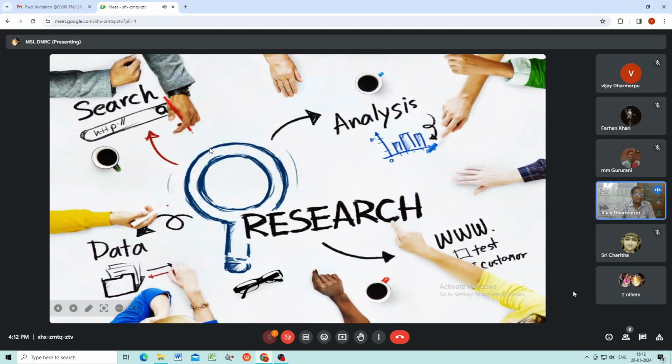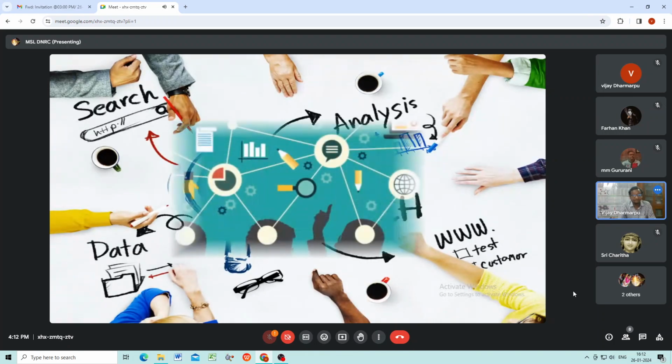So finally, research is search, analyze, keep the data, save the data, publish the data. With the data, we have a large database, www, the world wide web. We can post it, we can take anything.